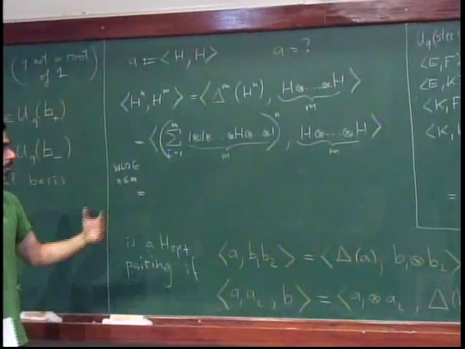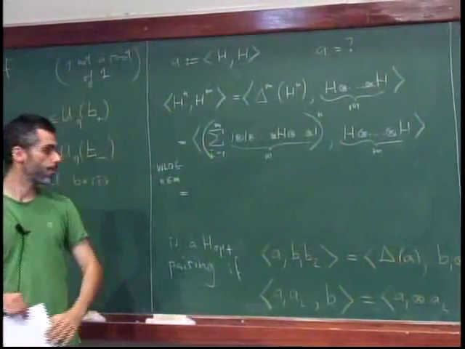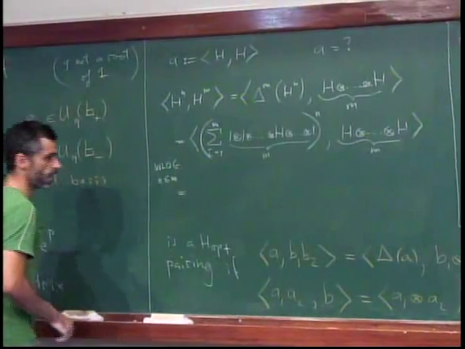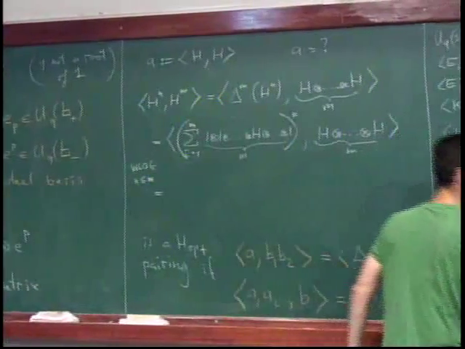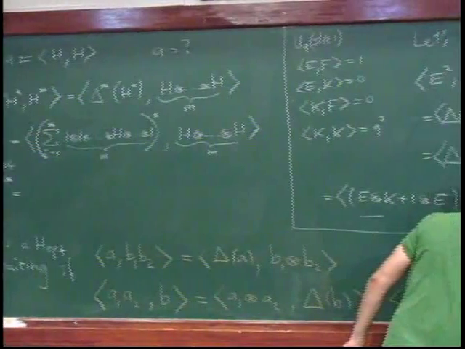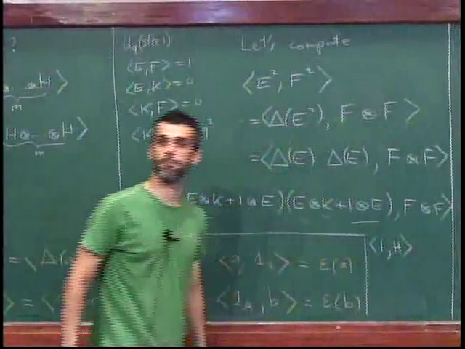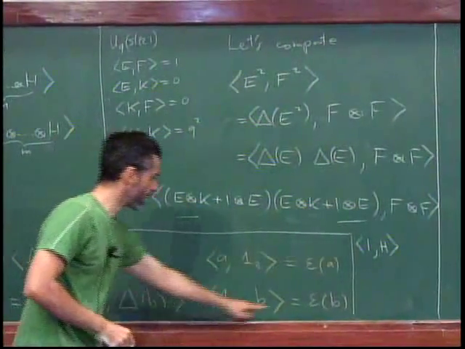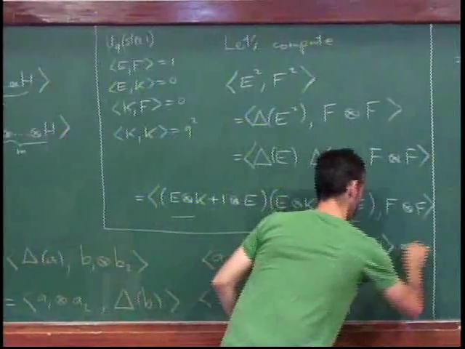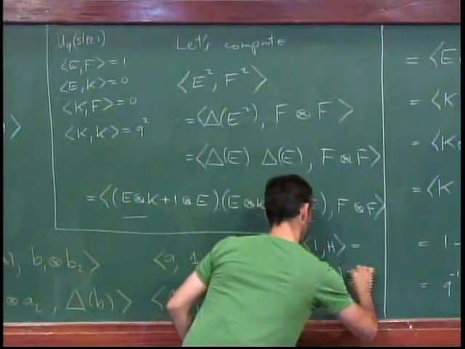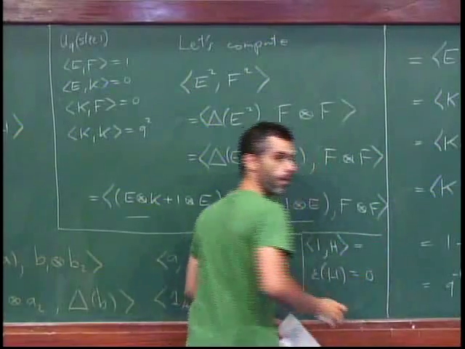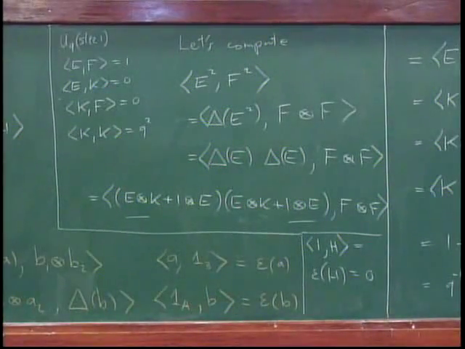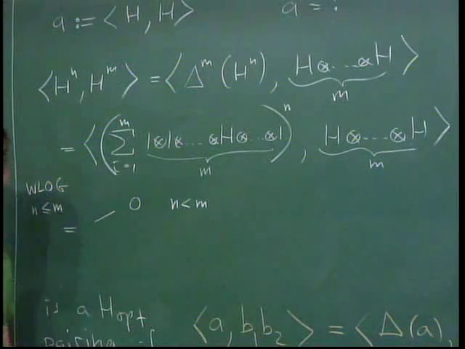And this will produce, at the end of the day, a contribution which is epsilon of h, which is 0. So we learn that it's 0 if n is strictly smaller than m, because of the argument I just told you.